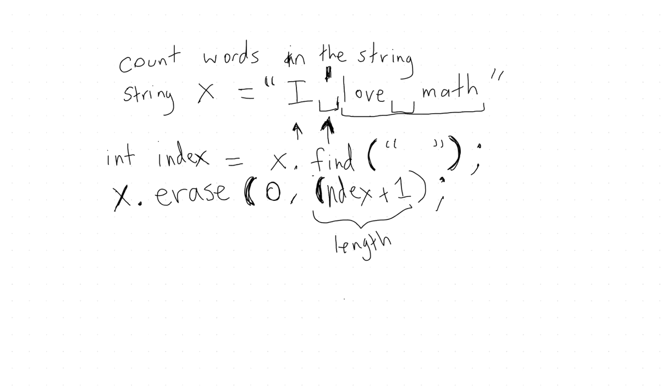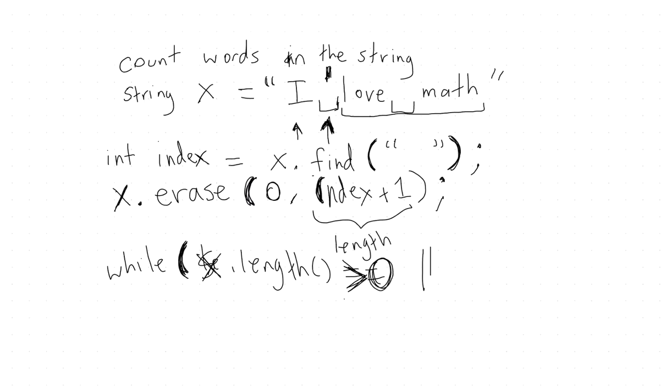And basically you want to keep doing this until x dot length is greater than 0, or x dot find fails. I'm not sure what the dot find method returns when it fails, though.